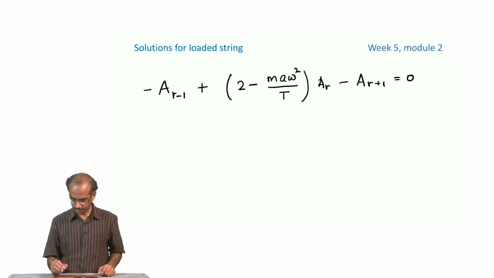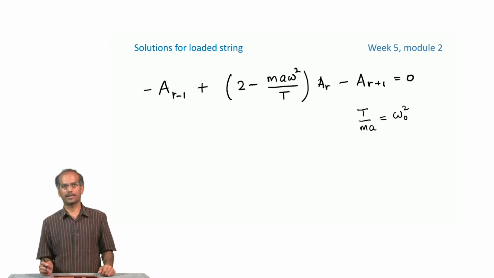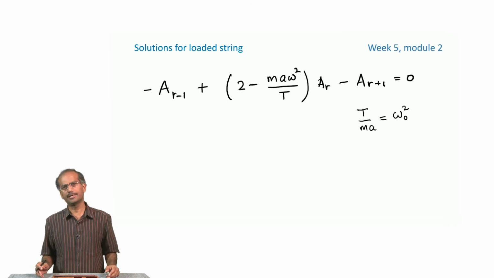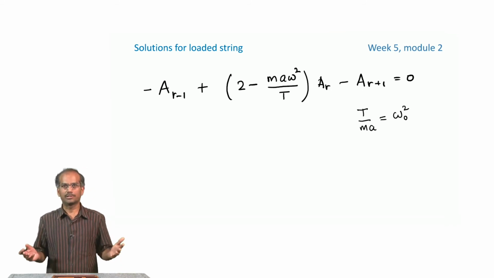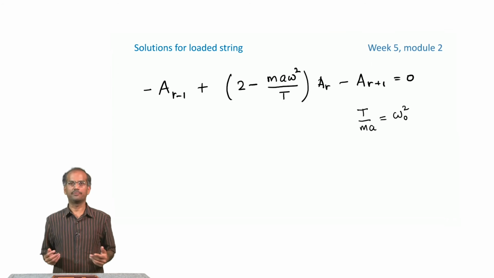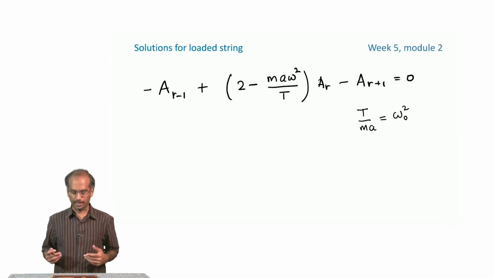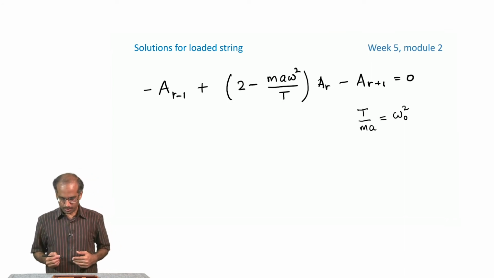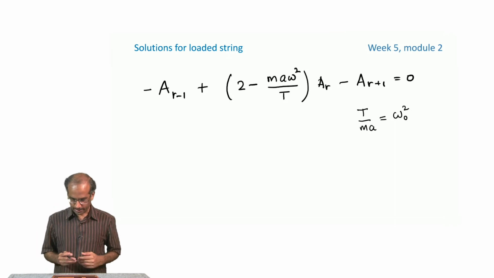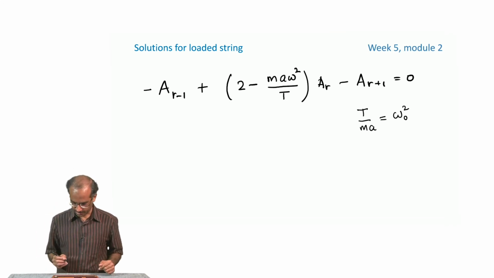In this equation, you will recognize that this quantity T by m a is equal to omega 0 square, something that we designate as natural frequency. If I do this, I can rewrite this equation differently.